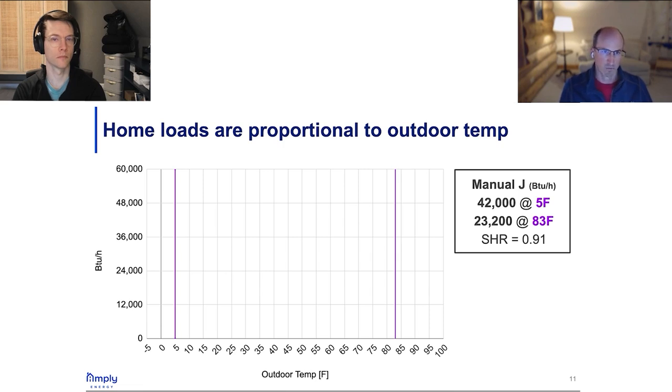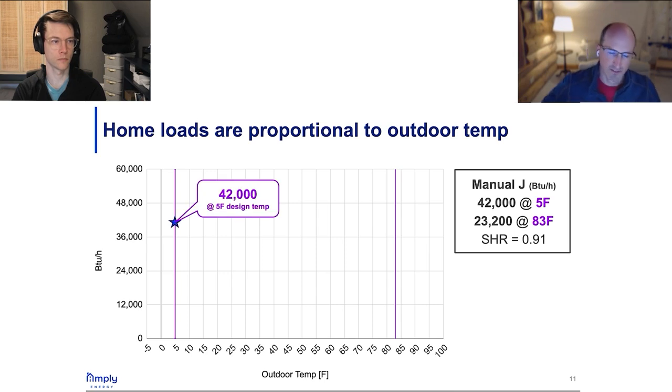And typically we start with what's going on with the home. And so we can actually plot how the home loads using the Manual J results are varying with outdoor temperature. So if we take, in this example, this is my house in the Portland, Maine area. I've got a 5-degree Fahrenheit outdoor design temperature. My design loads are 42,000 BTUs. I can just draw a point on a graph where I've got load on the y-axis and temperature on the x-axis.